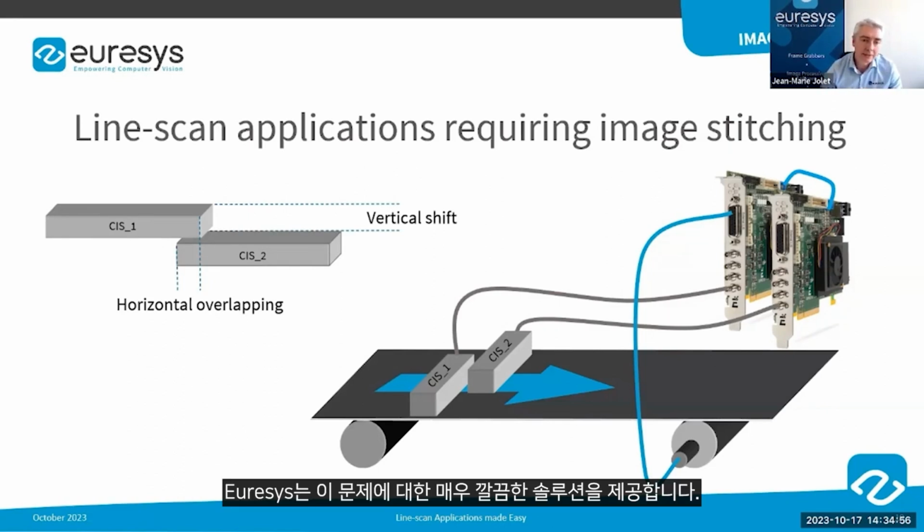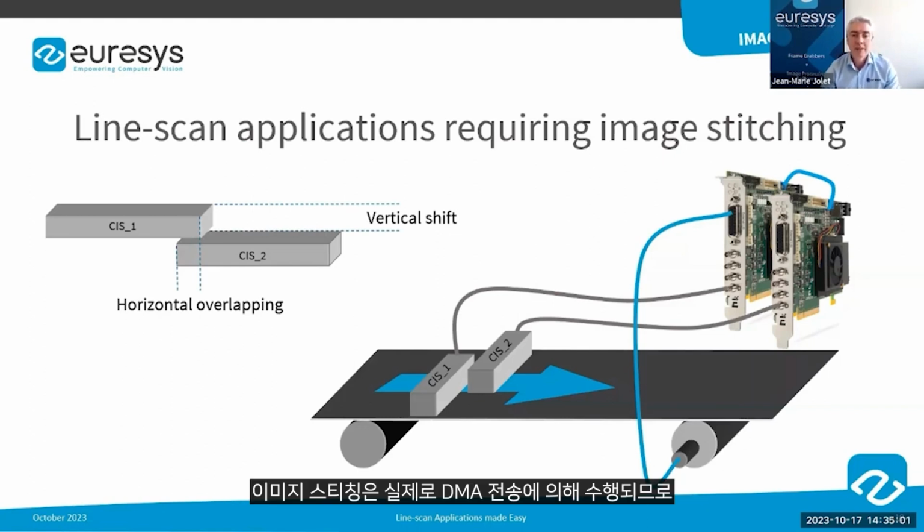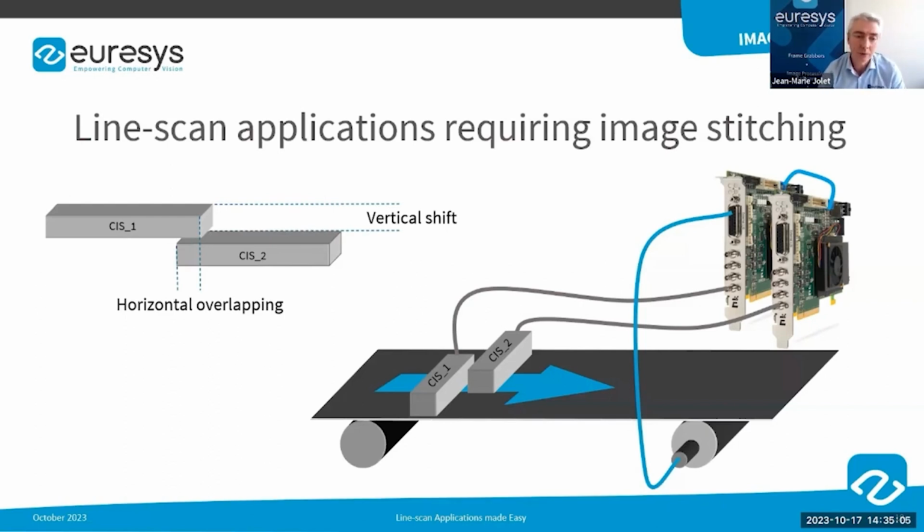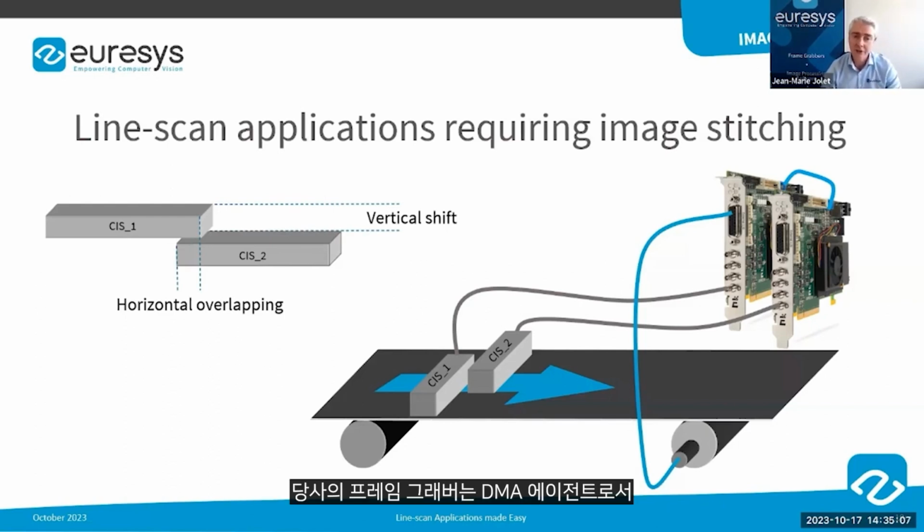Euresys has a very neat solution to this problem: the image stitching is actually performed by DMA transfer. Our frame grabbers are DMA agents, which means that they do not need any intervention of the CPU to transfer data into the PC memory.